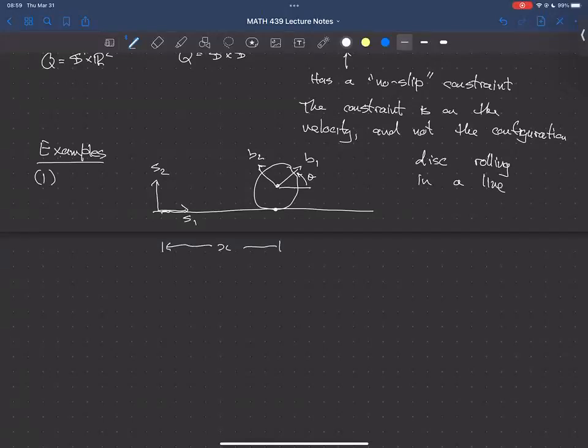Now, instinctively, what do you think the dimension of the configuration space for this system is? There are two reasonable answers.